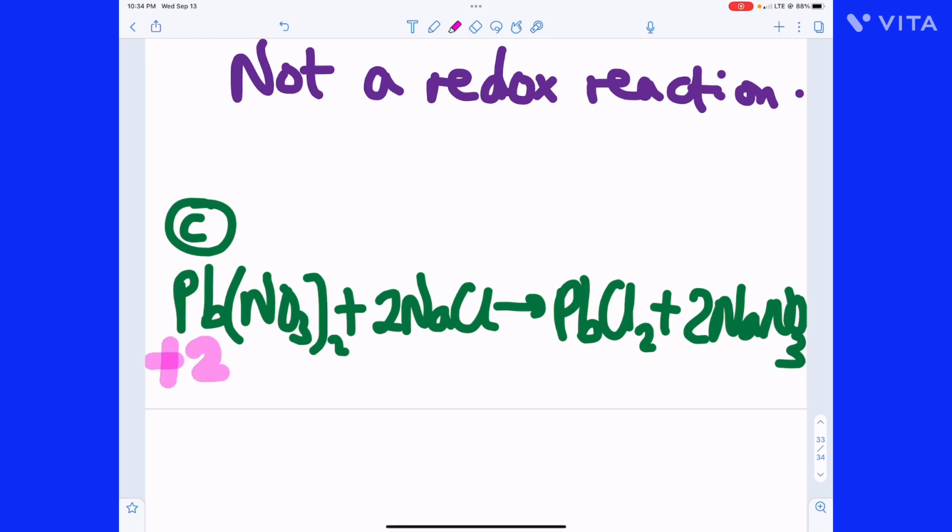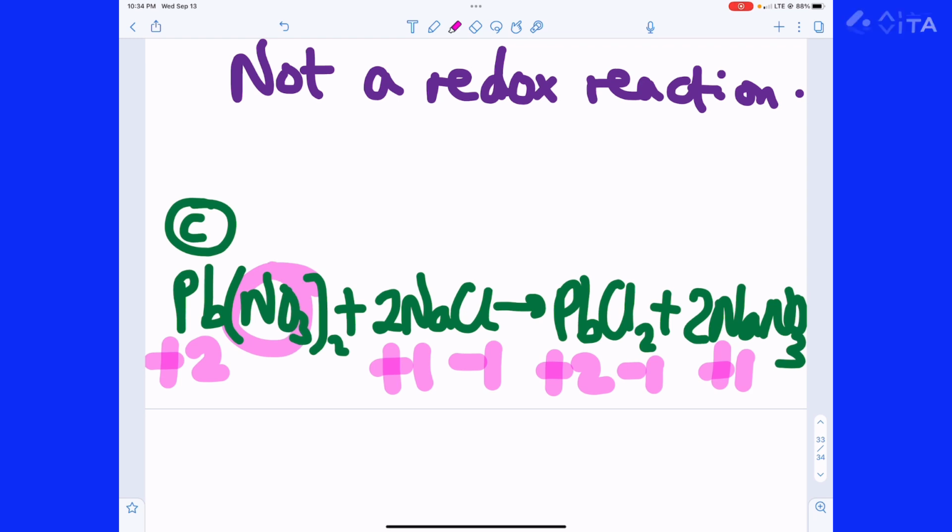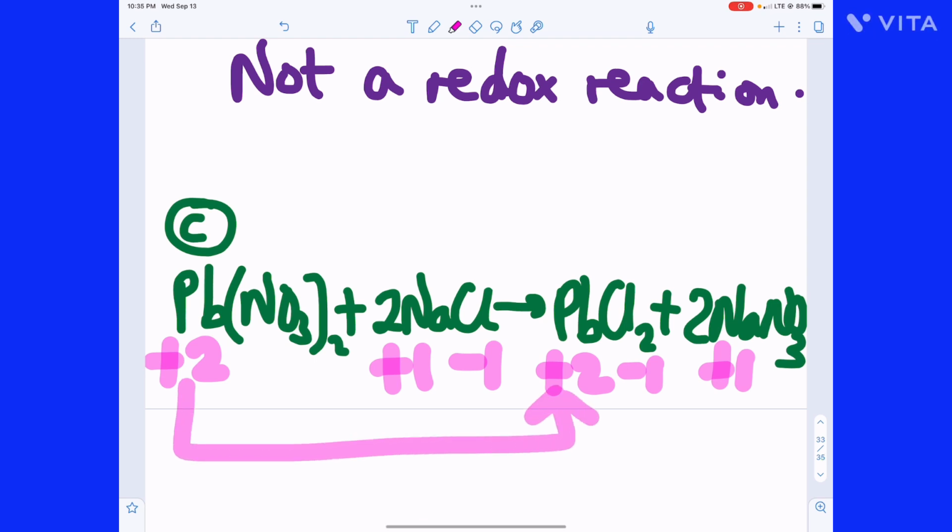Lead is +2 here. NO3 moved together, so nothing changed. We don't have to bother ourselves about that. Sodium is +1, chlorine is -1. Lead is +2, chlorine is still -1, sodium is +1. The whole nitrate ion moved together from left to right throughout the equation. So there's no change in oxidation number. Lead is +2 on the left, +2 on the right.